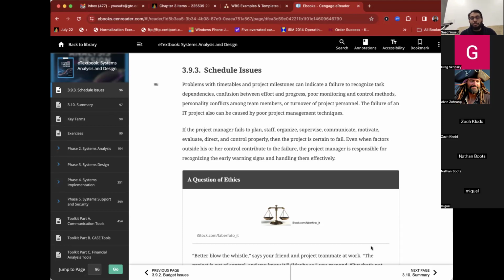And then you should be able to have a very successful team, even when factors outside the control of the project manager come in. Sometimes they're able to somehow manage. Sometimes it's a failure when you can't really control every outcome.